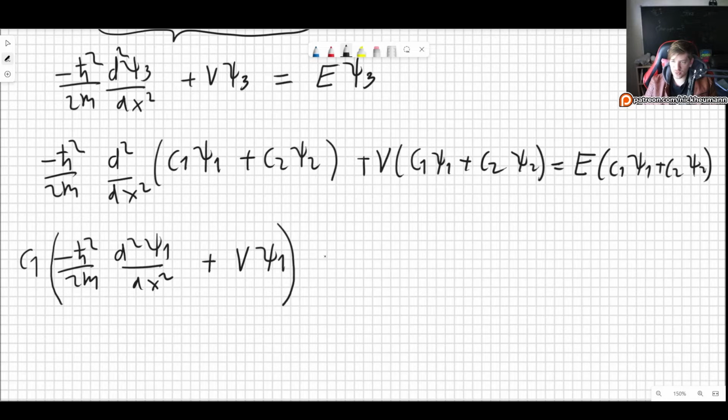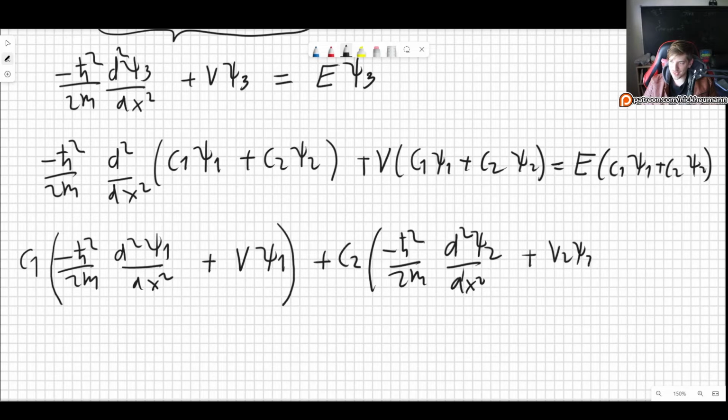Then we do the same for psi 2, so we get plus c2 times minus h bar squared over 2m d squared psi 2 dx squared plus v psi 2, and this is equal to the same thing as before.